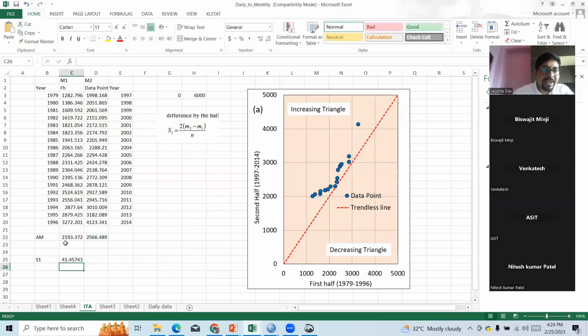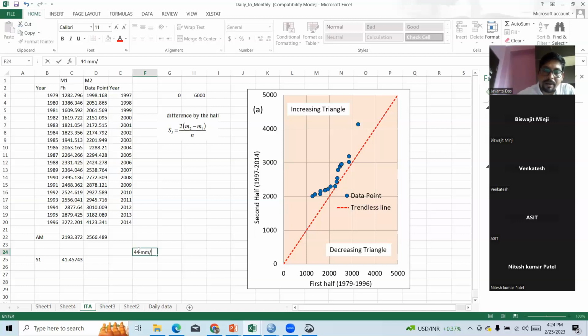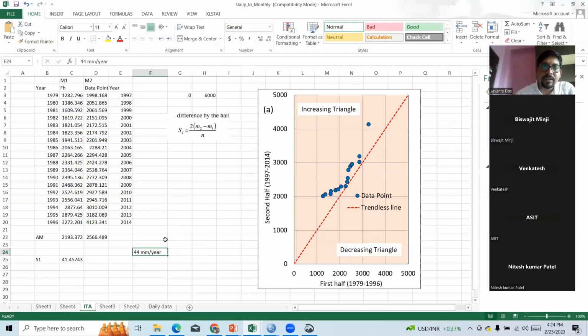So in our case, see, 2193.372 here, 2566.489. So here our change is 41 mm, a positive value, 41 mm per annum, 41 mm per year. This is the formula.